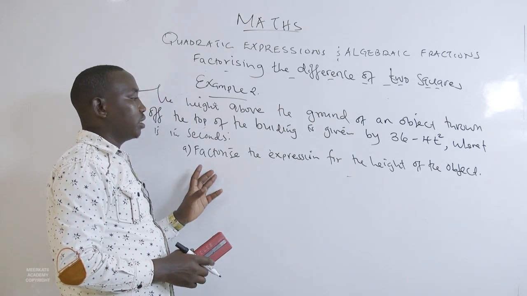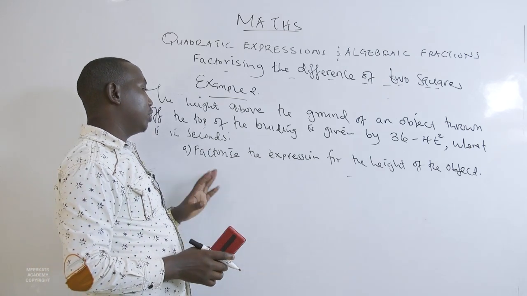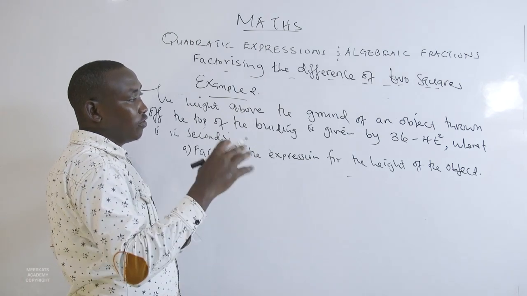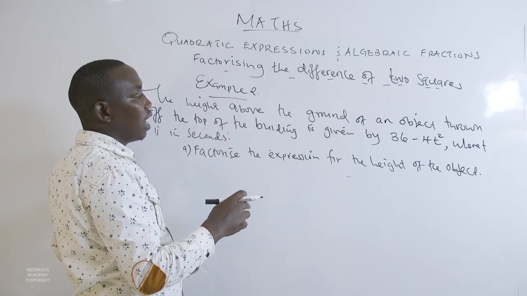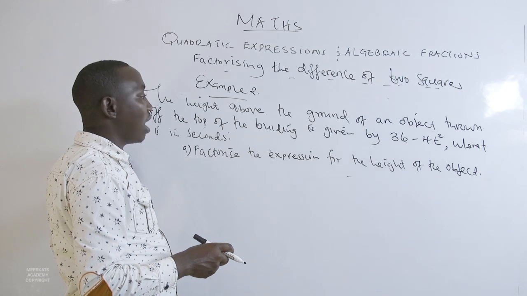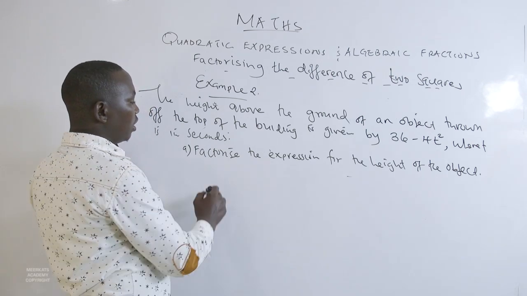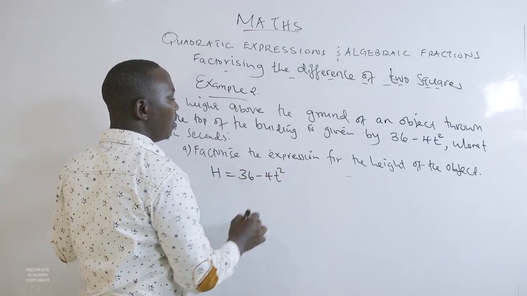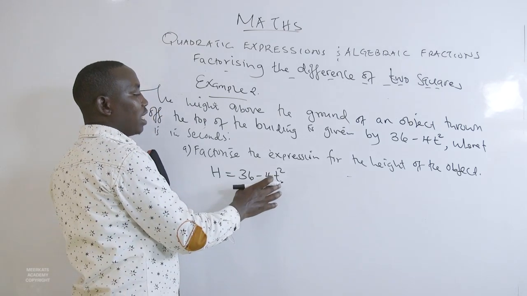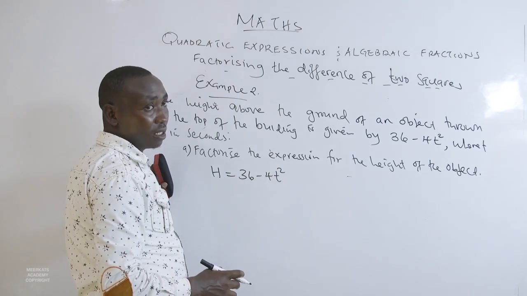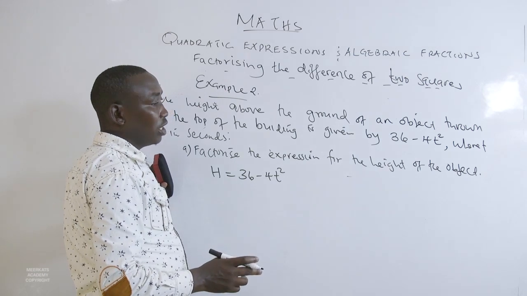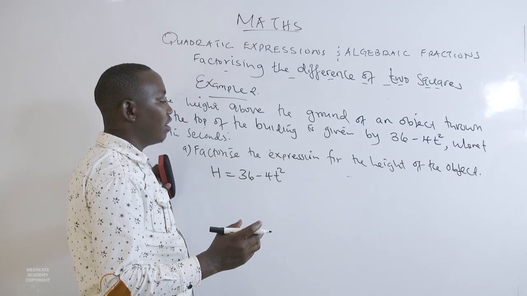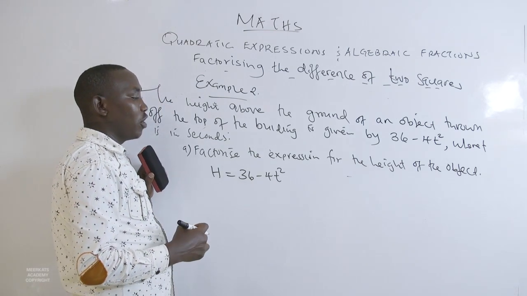So let us first solve this part where we are told to factorize the expression for the height of the object. We are told that this object is falling from a height of 36 minus 4t squared, where t is time in seconds. So that means our height is equal to 36 subtract 4t squared. They want us to factorize this, and the first thing we're going to do is take out the common factor.